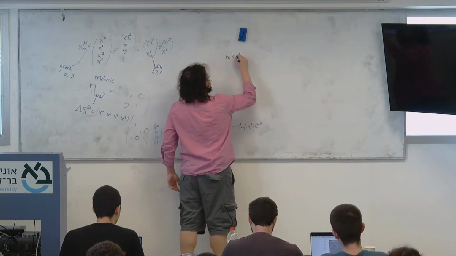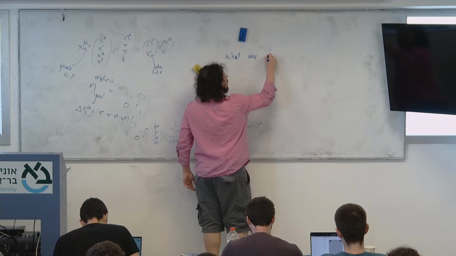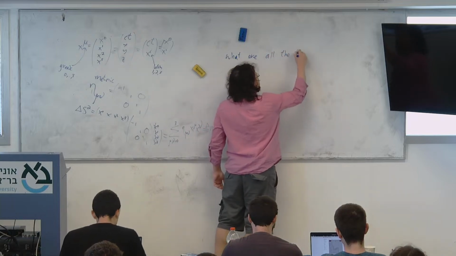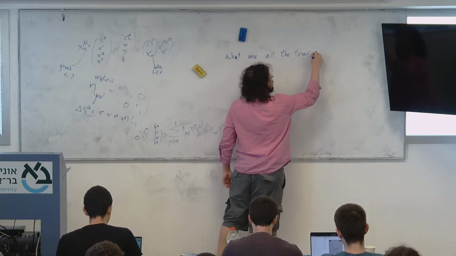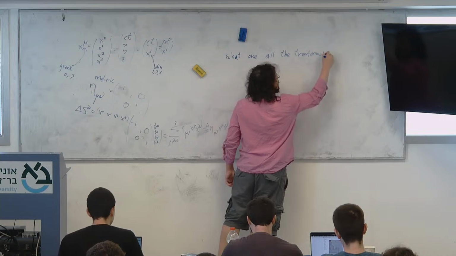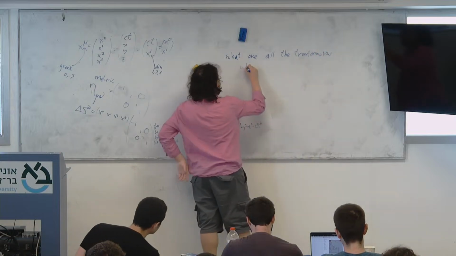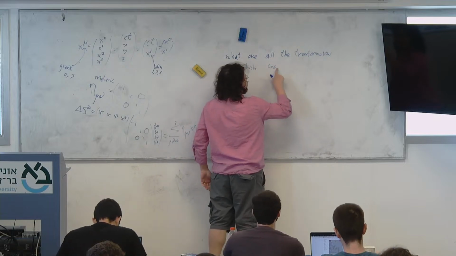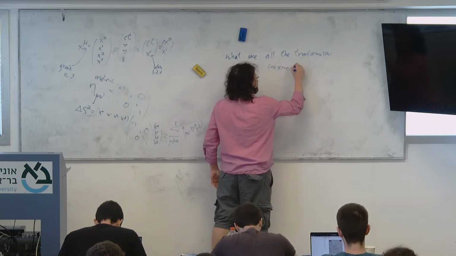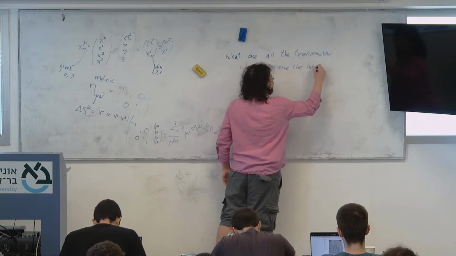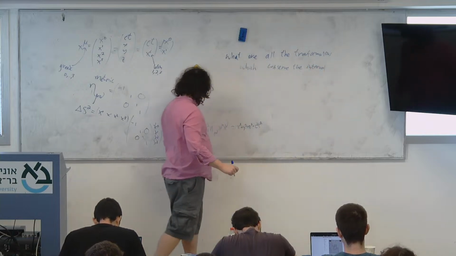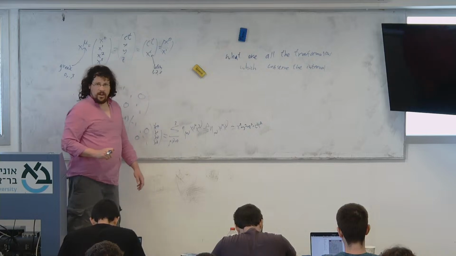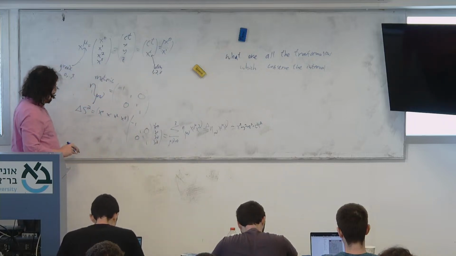What are all the transformations which conserve the interval? And I'm going to make one slight modification here.